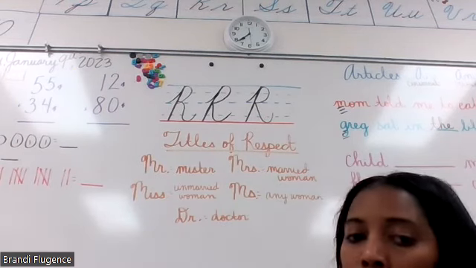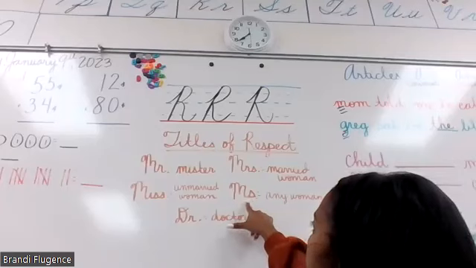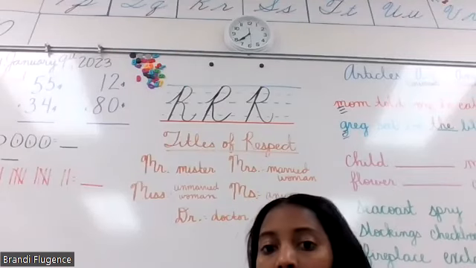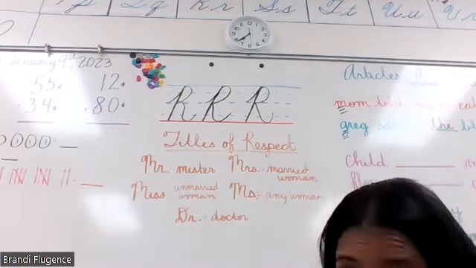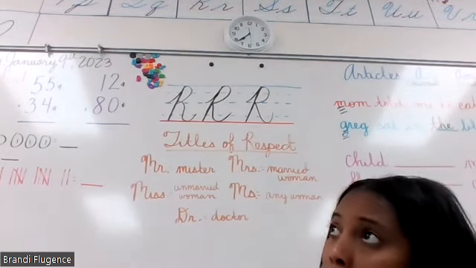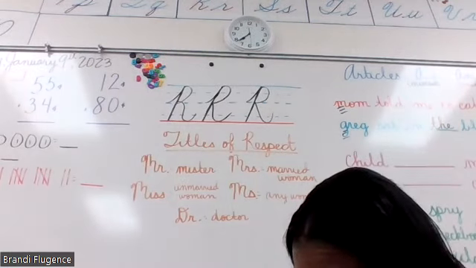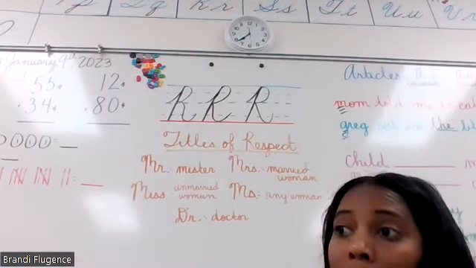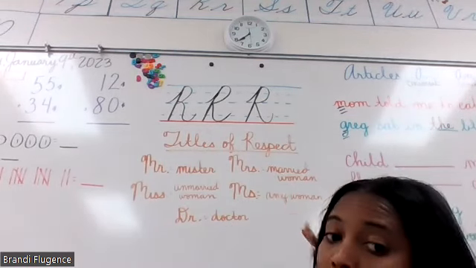Then if you're not sure if she's married or not, you would just put M-S dot. Most of the time though, we use M-R-S dot, but the proper usage, if the person is married, you put capital M-R-S dot. If they're not married, you put capital M-I-S-S dot. And if you're not sure, you put M-S dot. Ms. can stand for anyone.